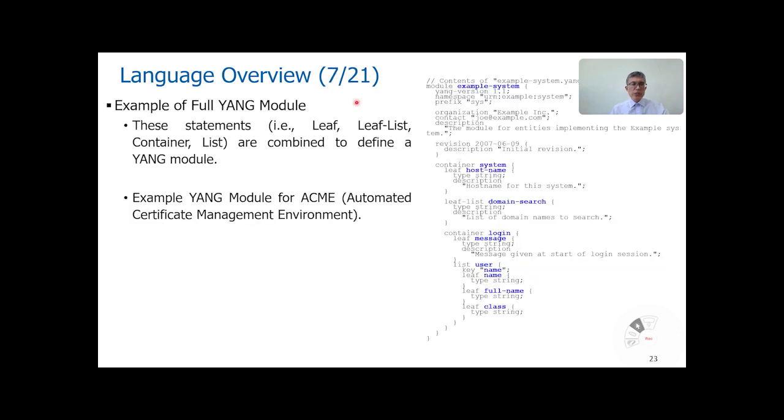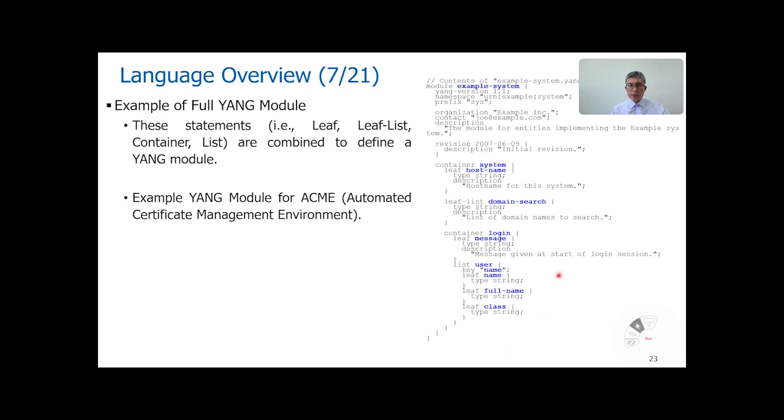Here is an example of a full YANG module. So module example, this is the header part, the revision part, and the actual data definition part here. So example system: the system contains the actual instantiation of variables. This YANG module consists of the leaf host-name and the leaf-list domain-search, the list of domain names.